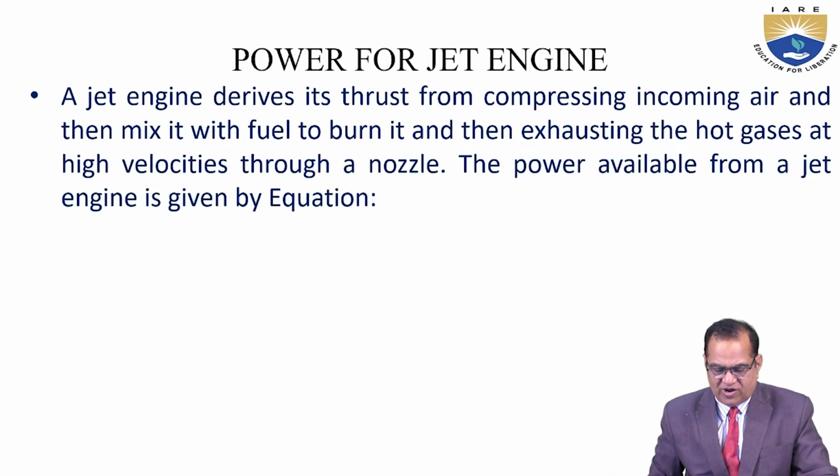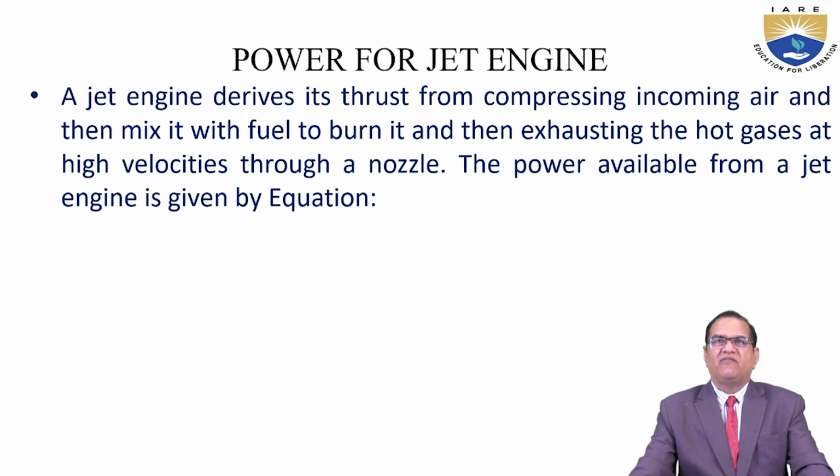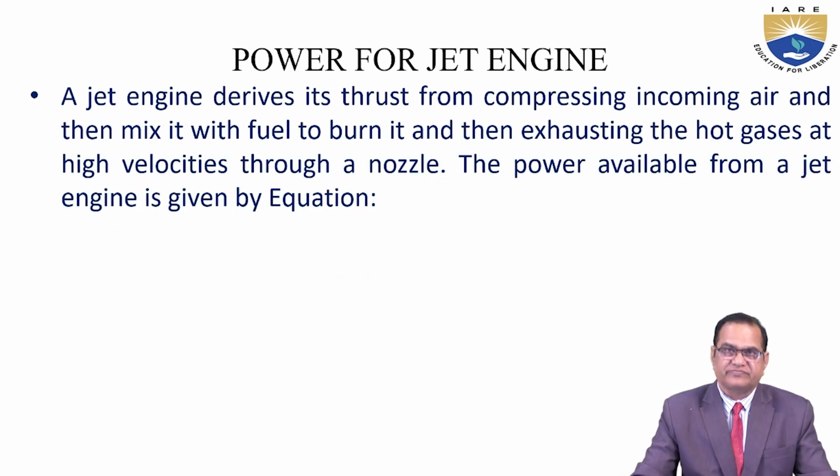Now I will go for the power for the jet engine. A jet engine derives its thrust from compressing incoming air, mixing it with fuel to burn it, and then exhausting the hot gases at high velocities through a nozzle.